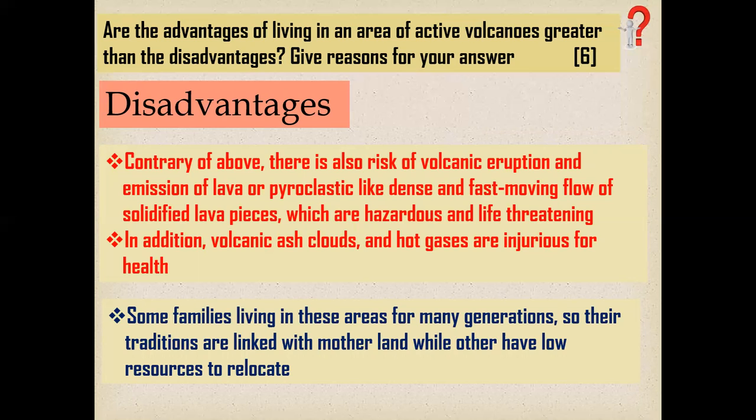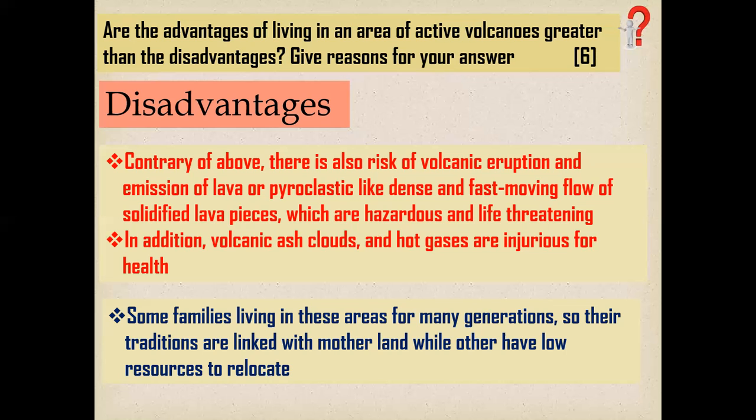But we need to be careful regarding the disadvantages. They should not overwhelm the advantages. The disadvantages should be fewer than the advantages, and their weightage should be less compared to the advantages.